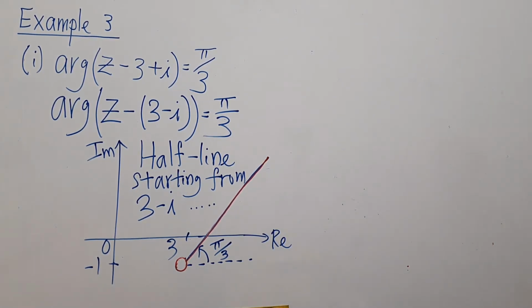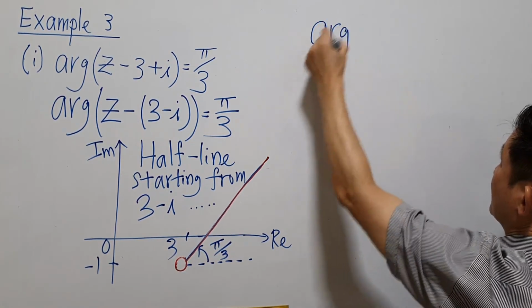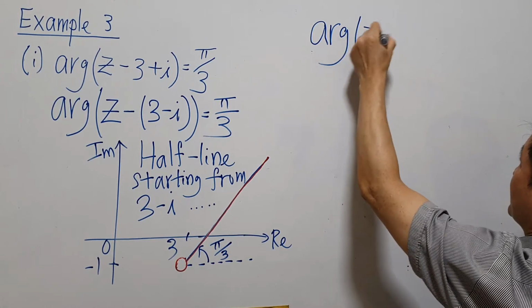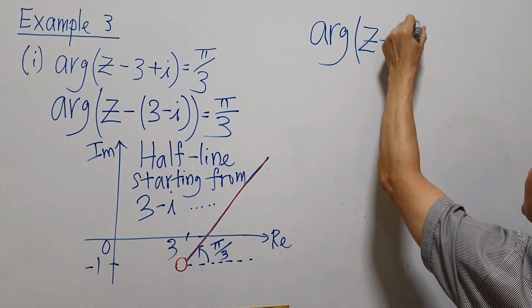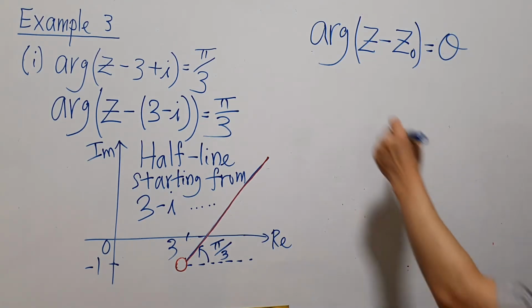It will look like argument of z minus z naught equals theta.